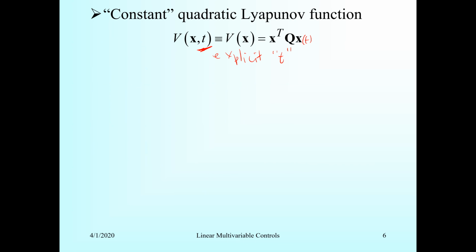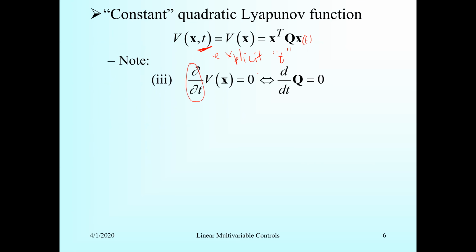So the partial with respect to t is just d/dt. If Q is constant, then Q dot is 0, so this partial is also 0.